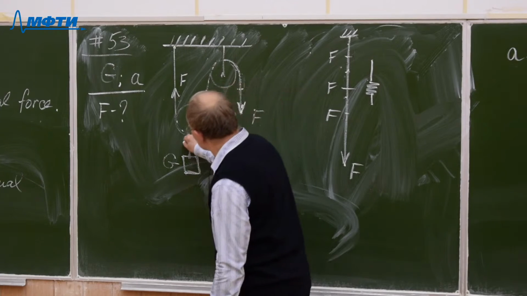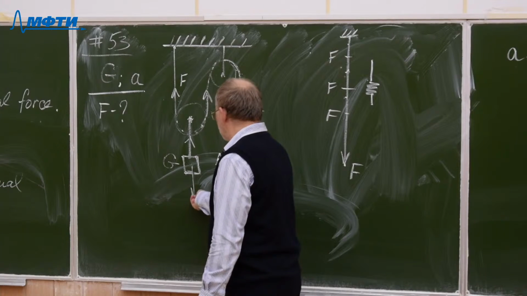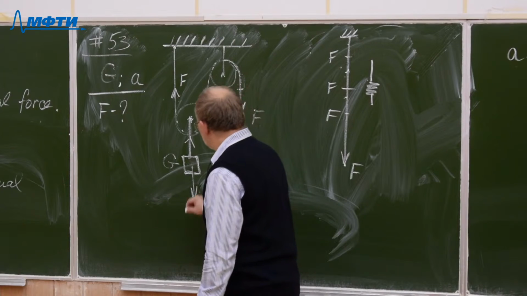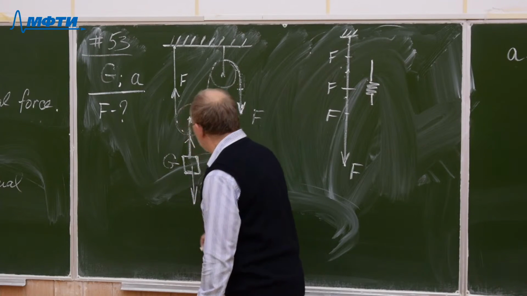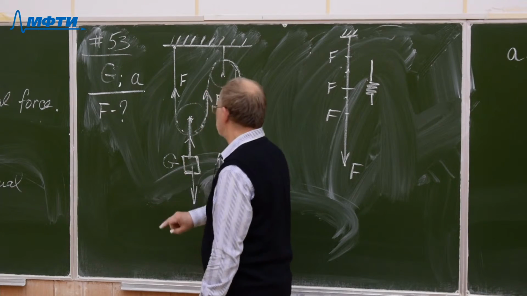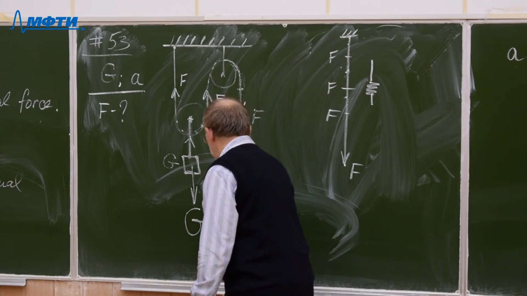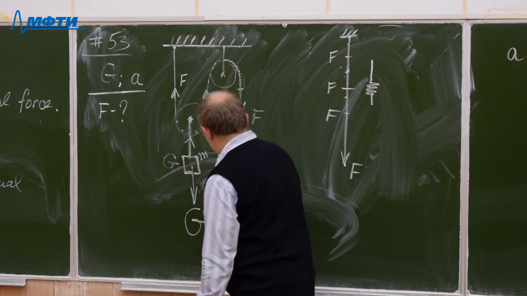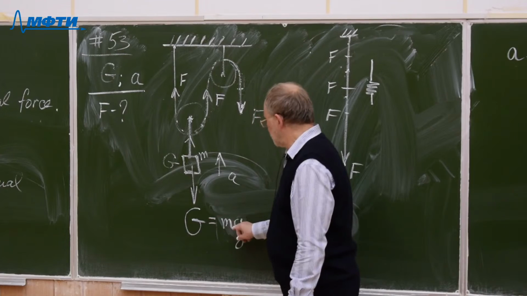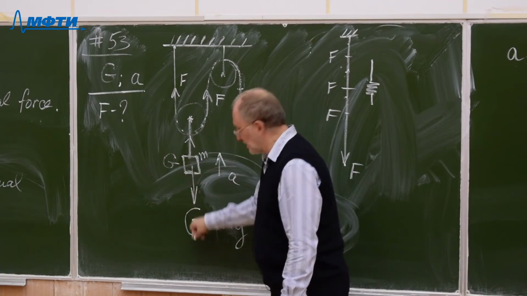First, the string, this one, and second, the earth, which pulls this body downward with the force equal to the weight of this body. And the weight is given, the weight is mg. So this is the weight of the body, which is always the mass of this body times acceleration of free fall. So this is the gravitational pull applied to this body and directed downward.